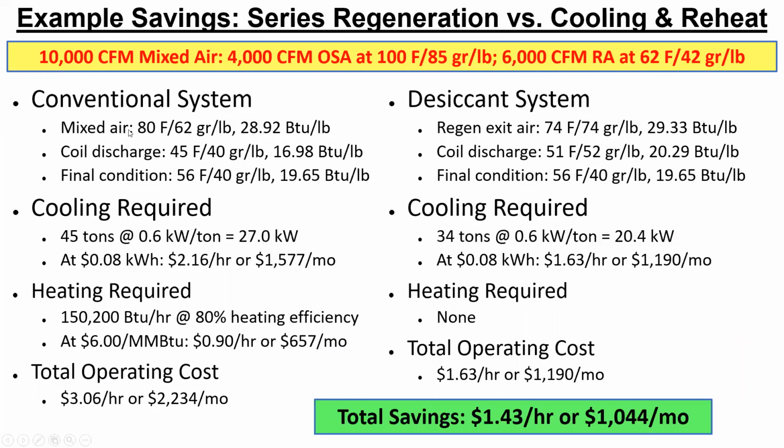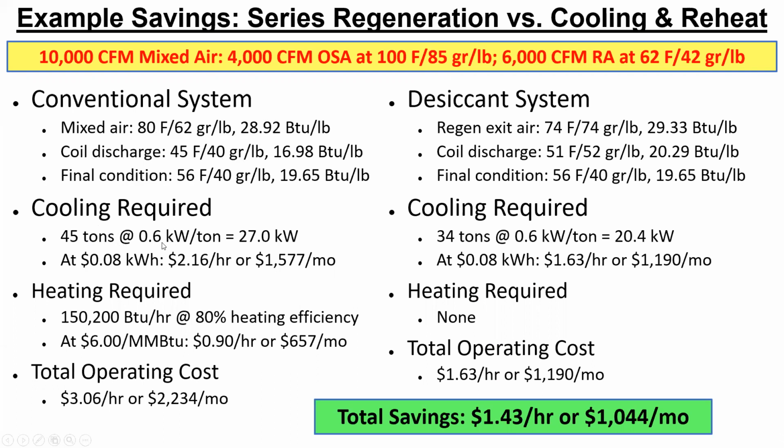So you calculate the mixed air on the psychrometric chart. Those are the enthalpy, temperature, and humidity you get. And here is the information from the coil discharge, with the enthalpy using your final condition. From the mixed air, you can estimate the cooling required: 45 tons.